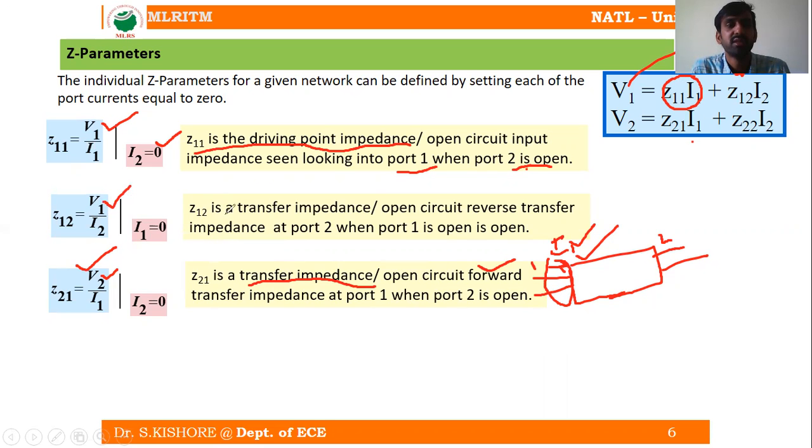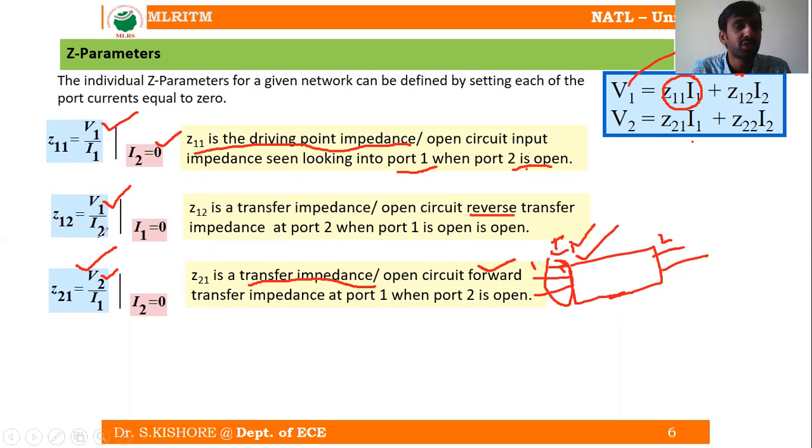This Z12 is also a transfer impedance, also known as the open circuit reverse transfer impedance, because we are open circuiting port 1. Why reverse? Because Z12 is nothing but V1 divided by I2.